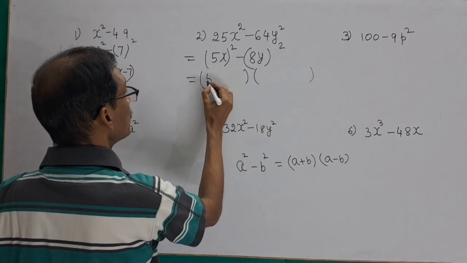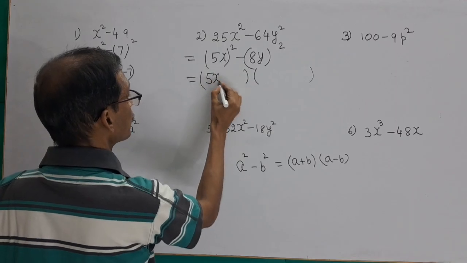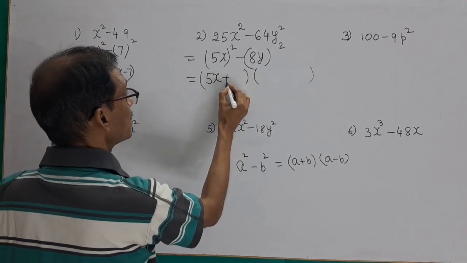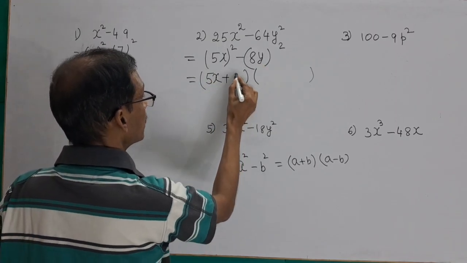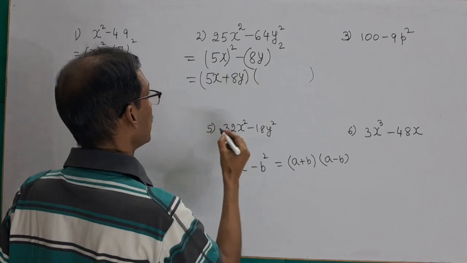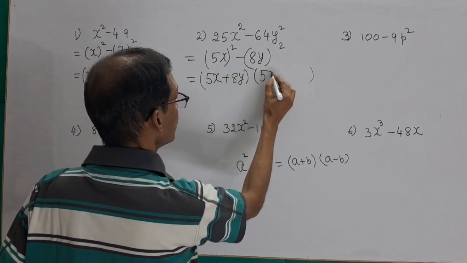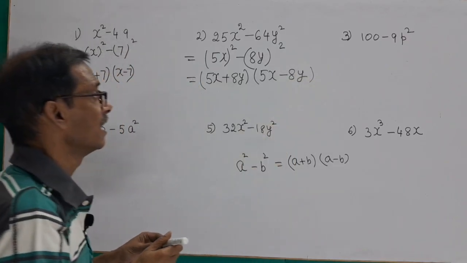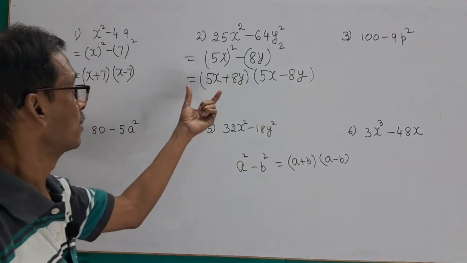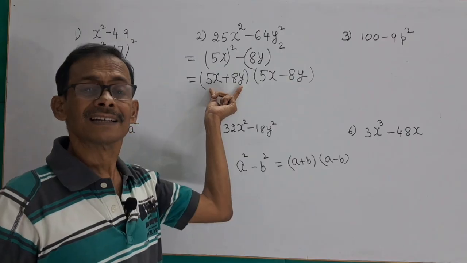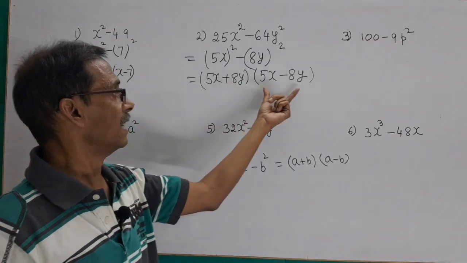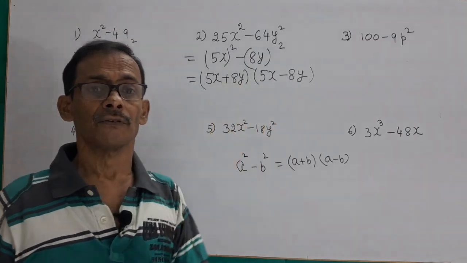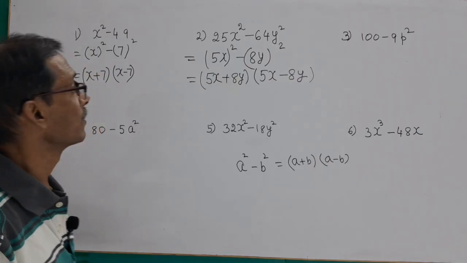So a is treated as 5x and b is treated as 8y. 5x plus 8y, and once it is minus. So this is the factorization, because this expression cannot be factorized further and this also cannot be factorized further.